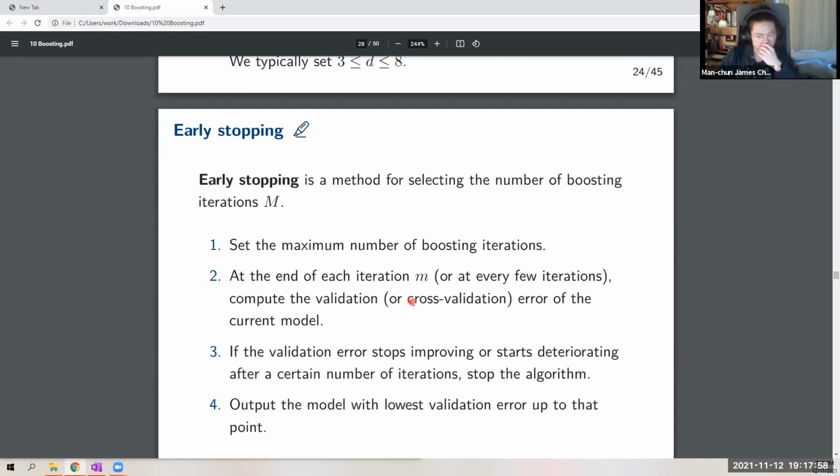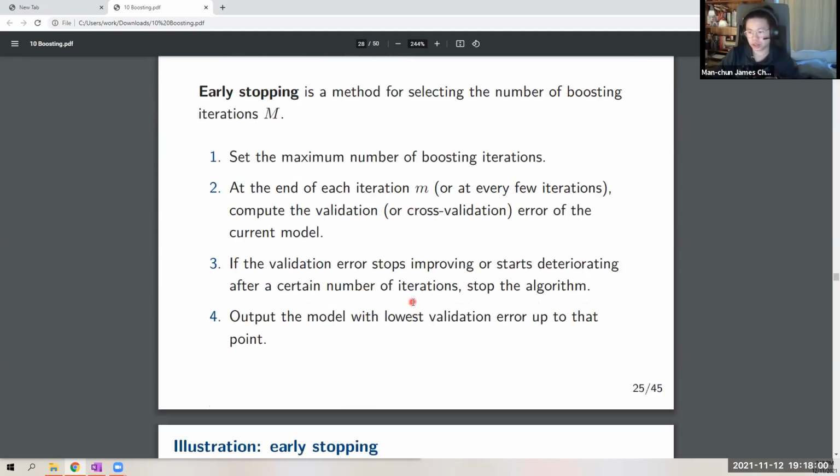And early stopping. I also explained this in the tutorials, but the idea is that you don't want to keep boosting, because training takes a very long time. Think about gradient descent or Newton's method. These things can take a very long time to train. So what you want to do is stop if you think you're starting to overfit.